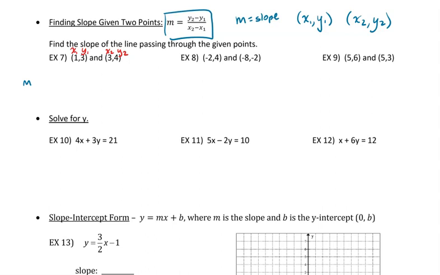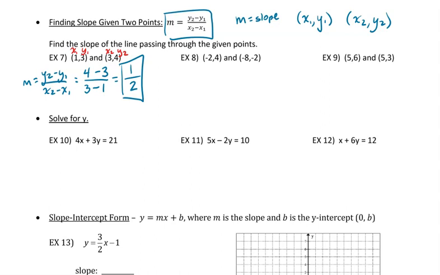So we have m equals y2 minus y1 over x2 minus x1. y2 is 4 minus y1 is 3 over x2 is 3 minus x1 is 1. From there, it's just a matter of simplifying. So 4 minus 3 is 1, 3 minus 1 is 2, and we get our slope of 1/2.